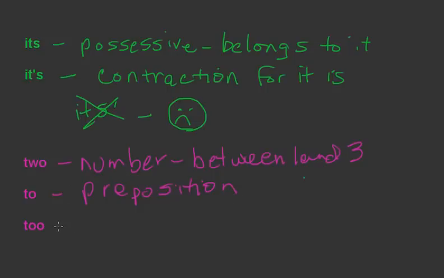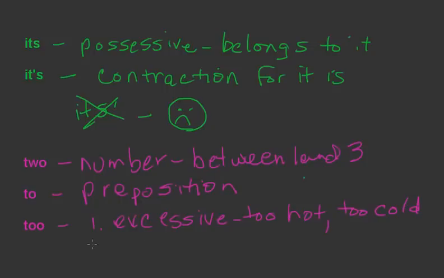With the third one, it actually has two meanings. One of them is excessive, which means you have too much of something. It can be too hot, too cold, whatever it is. It's not the right amount. You have an excessive amount of it. I'm too tired, you're too lazy, whatever it is.